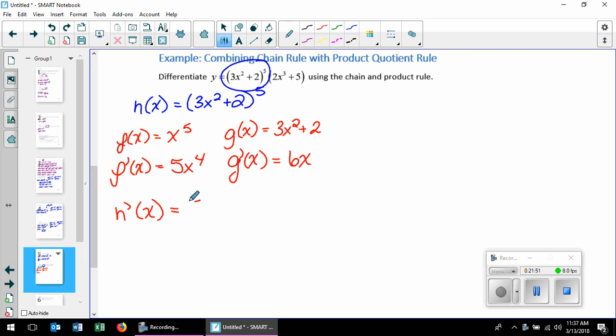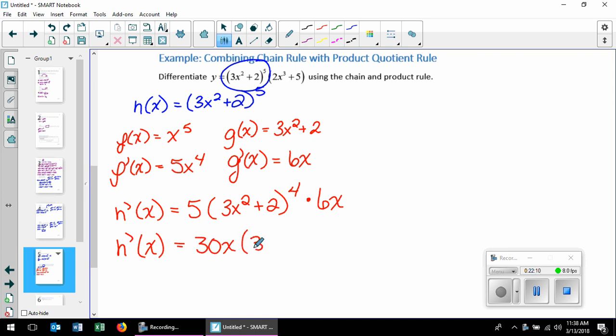I'll show the derivative once. You guys good with that? So all we did was apply the chain rule.